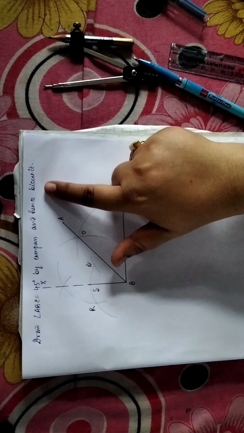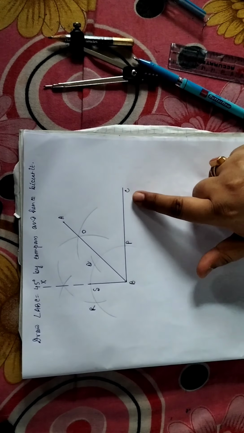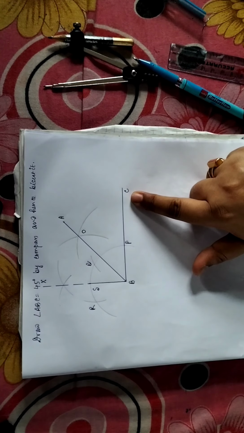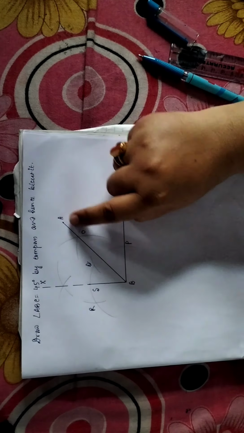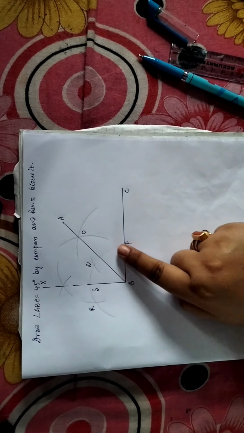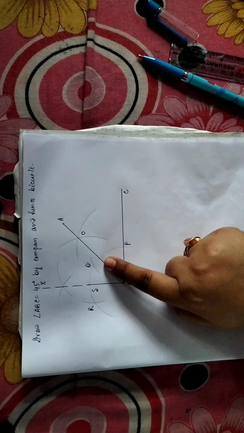Now we have to bisect this angle, means angle ABC which is of measurement 45 degrees. So let's see how to do this. Let this arm of angle ABC, means arm AB, cut the first arc at a fixed point.